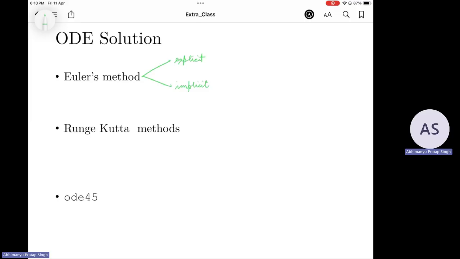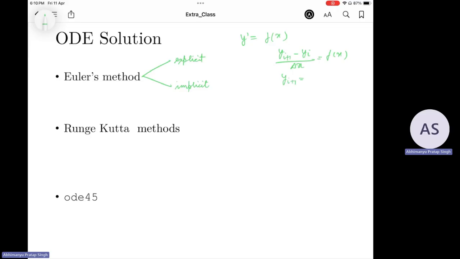Let us say that the function is y prime is equal to f of x. So this y prime we can discretize as yi plus 1 minus yi divided by delta x is equal to f of x, right?